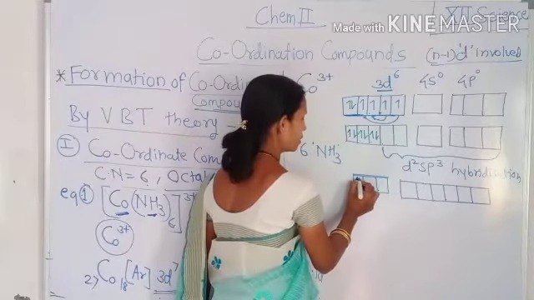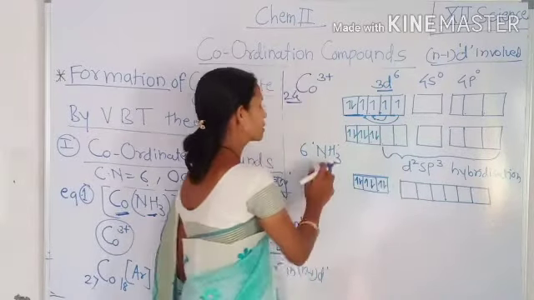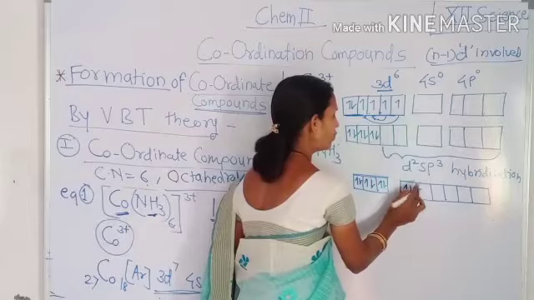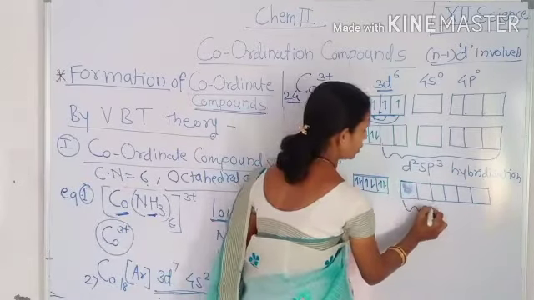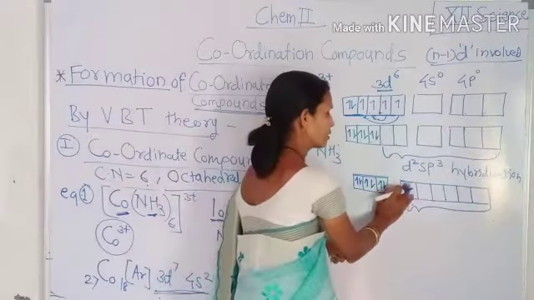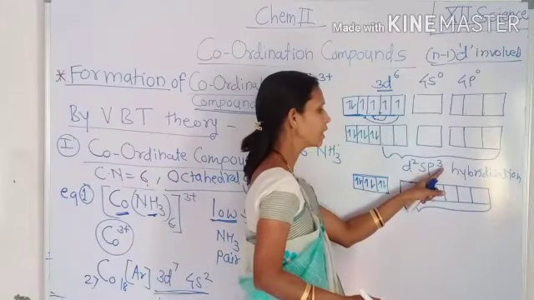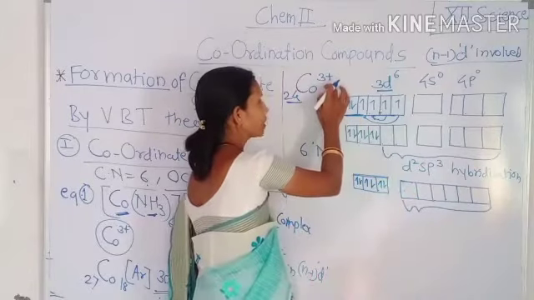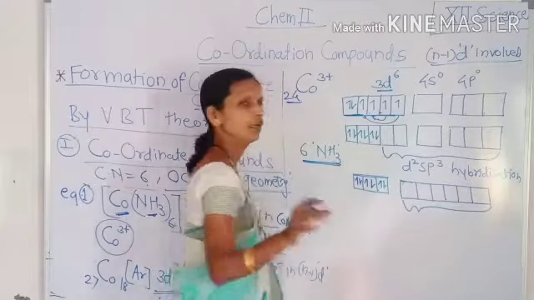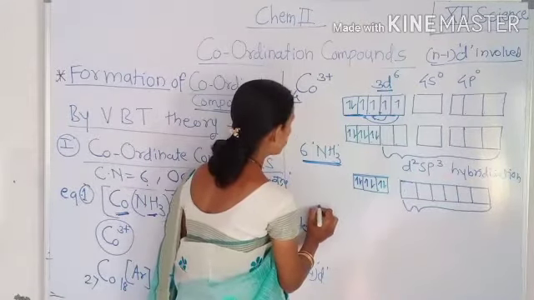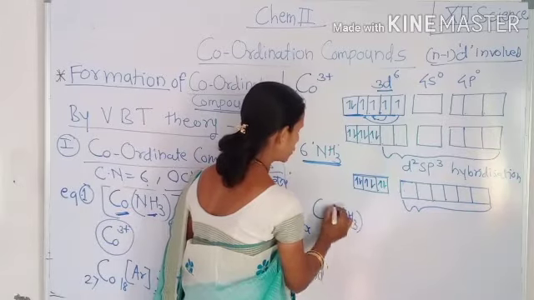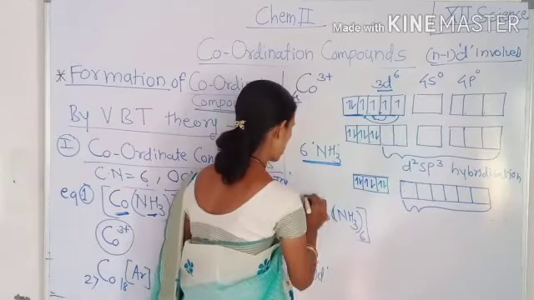Therefore, 6 NH3, that is the amine ligands, donate 6 lone pairs of electrons to the Co3+ ion, in which the 6 d2sp3 hybrid orbitals of Co3+ overlap with the filled orbitals of the 6 amine ligands, and therefore coordinate compound formation takes place, that is [Co(NH3)6]3+.